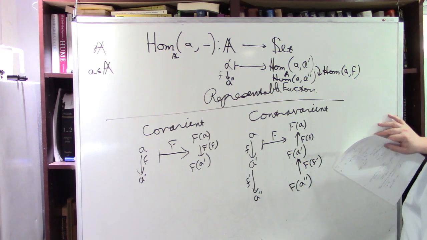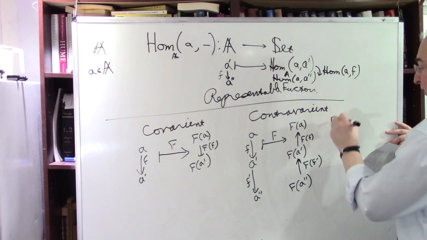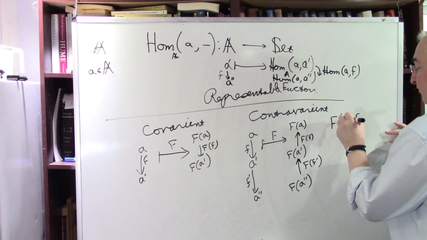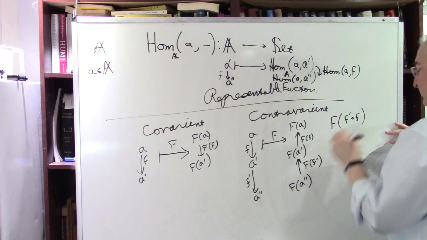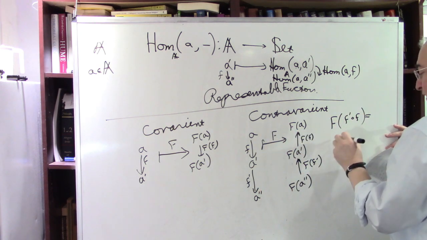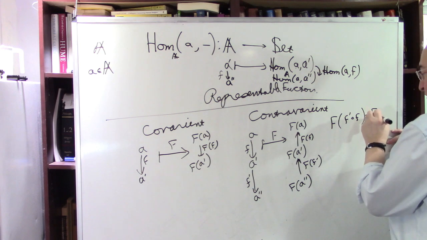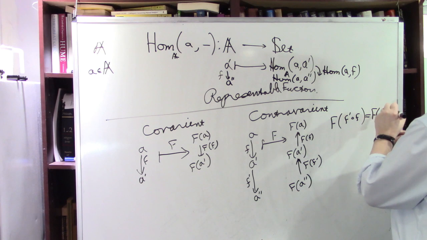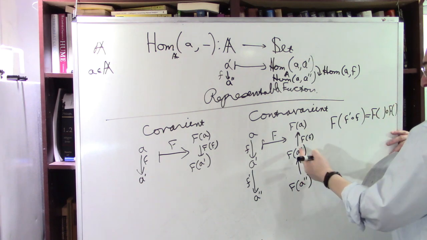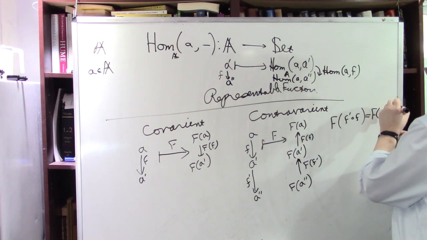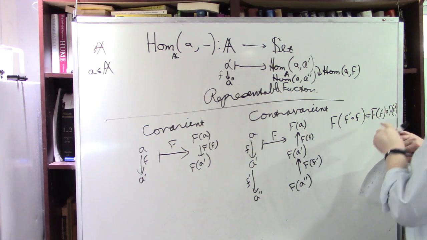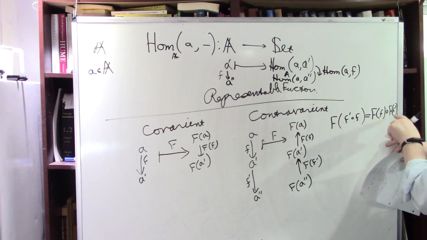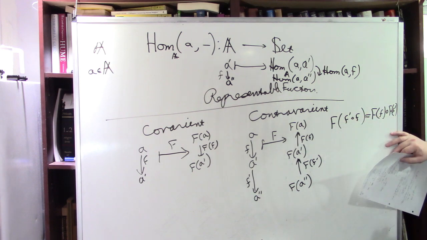Okay, and so conclusion, we have the following. F of F composed F prime, that's these guys, is equal to, you ready? Shoot, let's be careful. First, we're going to do this, so that's F prime, F. Notice the order switches. This is F followed by F prime. This is F prime followed by F.